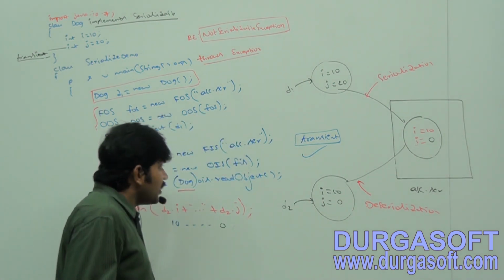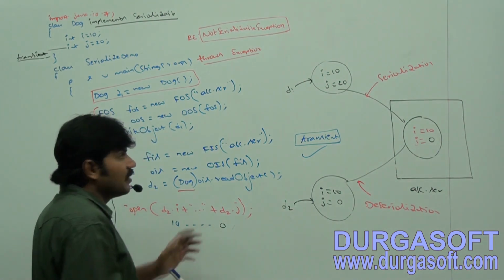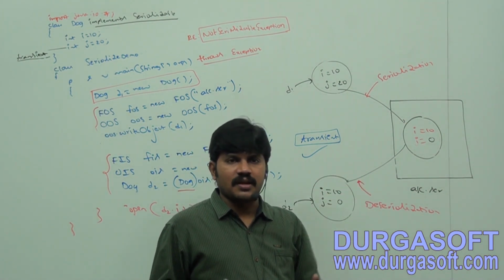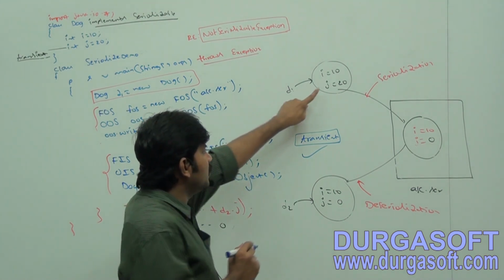So can I use the term hence? Transient means not to save, not to serialize. Correct or not? Boss, don't serialize the value of j.